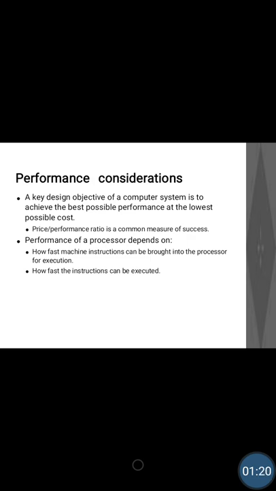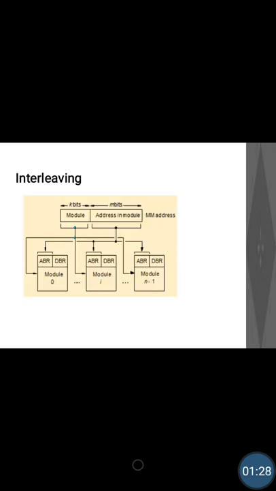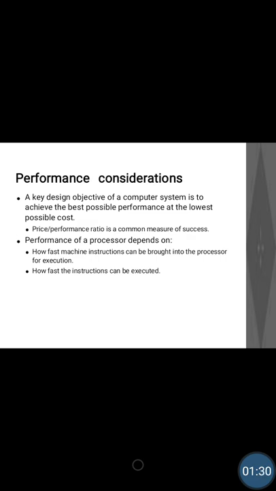The performance of a computer usually depends on how fast it executes, which is nothing but how fast the machine instructions can be brought into the processor for execution and how fast the instructions can be executed, right? This performance depends on the accessing of the instructions or data from the memory, or the speed with which the memory accessing can be done, right?